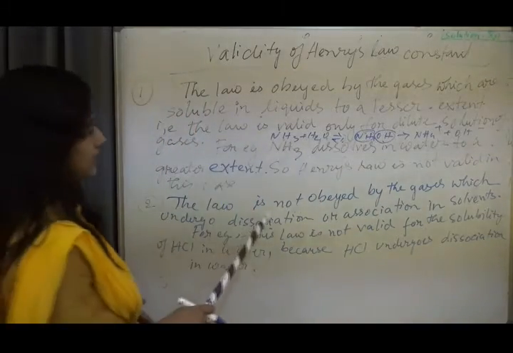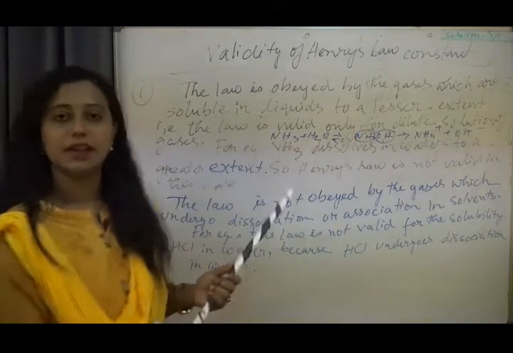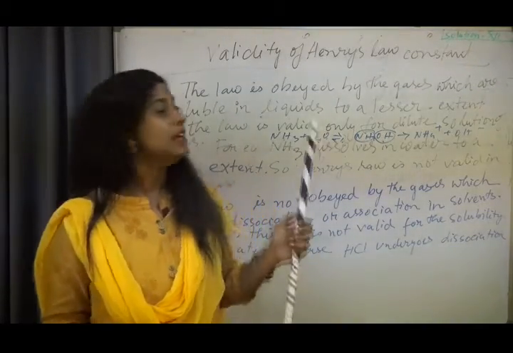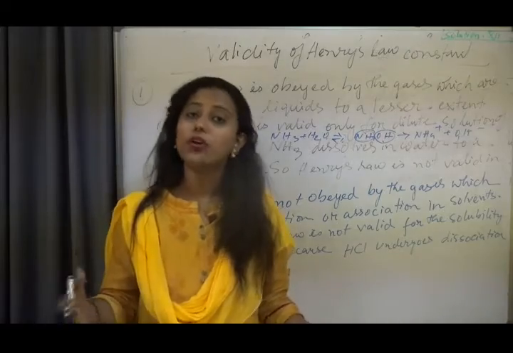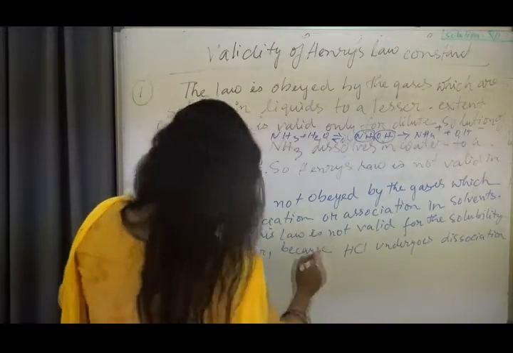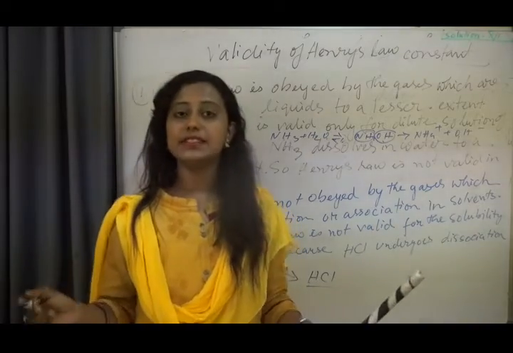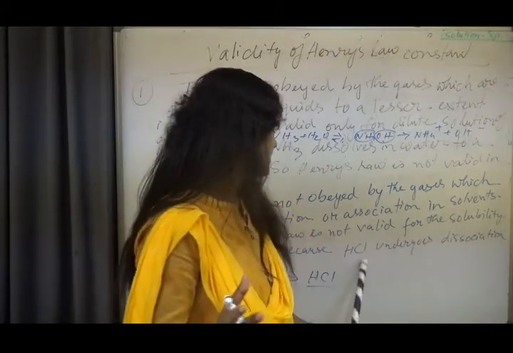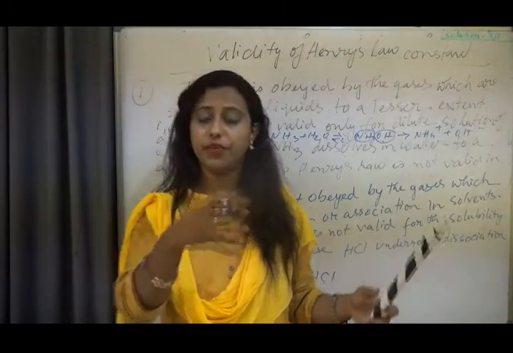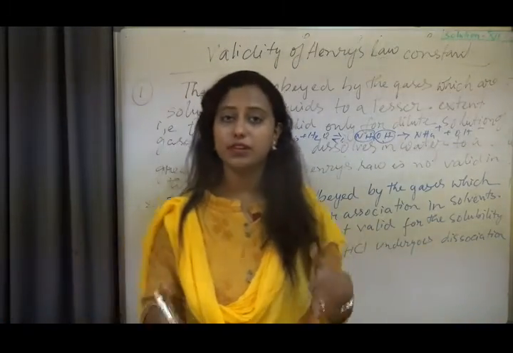Then number 2, the law is not obeyed by gases which undergo dissociation or association in solvents. For those gases which undergo dissociation and association, Henry's law is not applicable. For example, HCl. We know that HCl is a very strong acid and it dissolves very easily in water. From concentrated HCl, we can easily make dilute HCl.